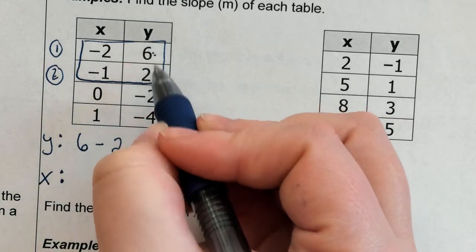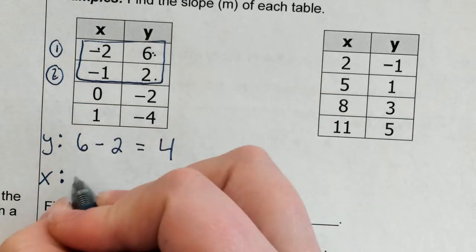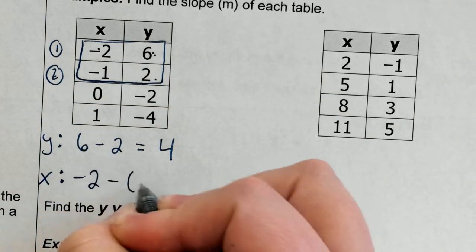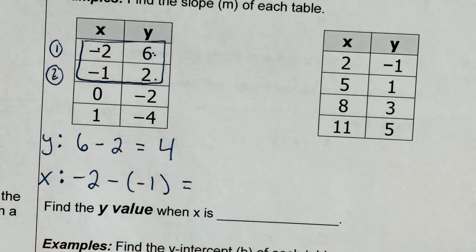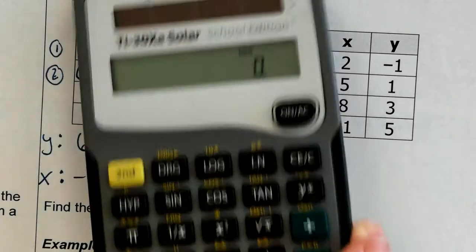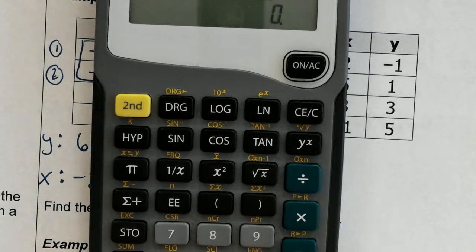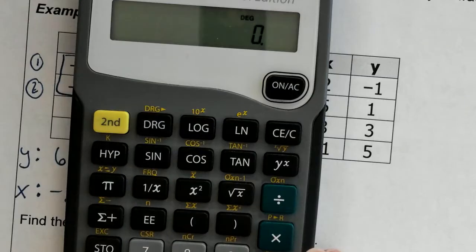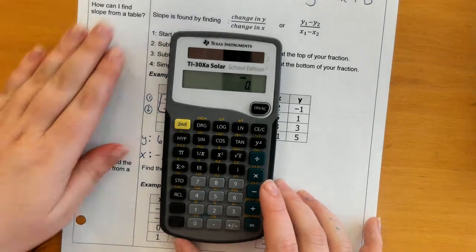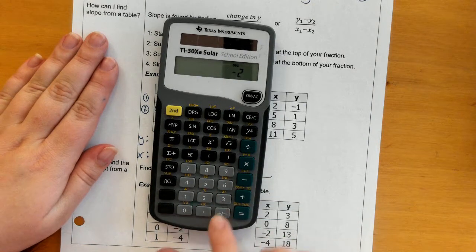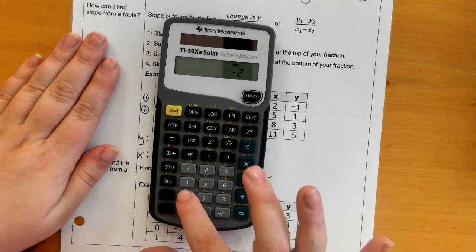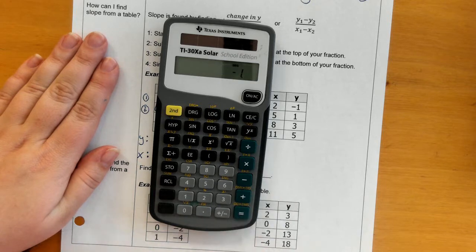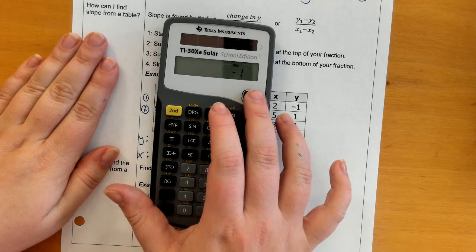Now we're going to subtract our x values. If we started with 6 and went down, then we need to start with negative 2. Negative 2 minus negative 1. And I'm putting that negative 1 inside of parentheses because it's important that we realize that we're subtracting a negative. So when I go to type this into my calculator, negative 2 minus negative 1 equals negative 1.